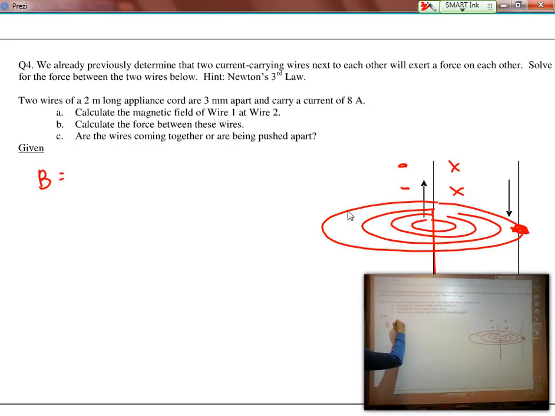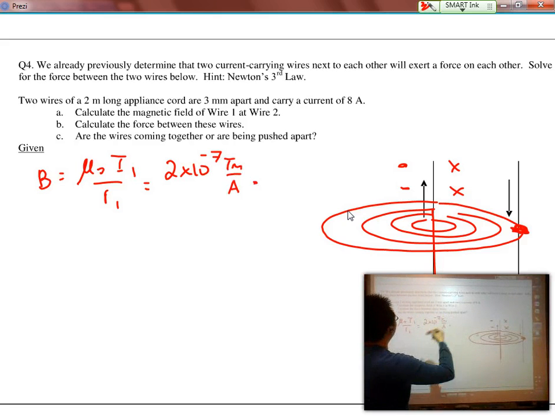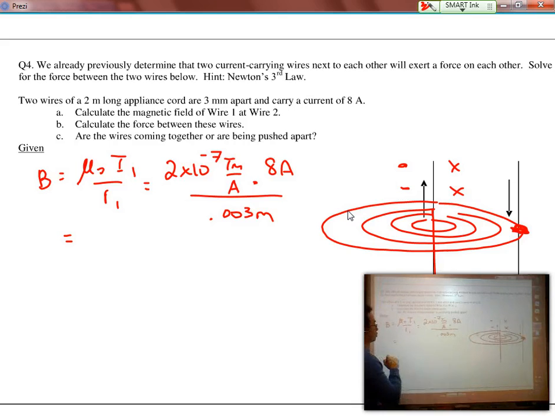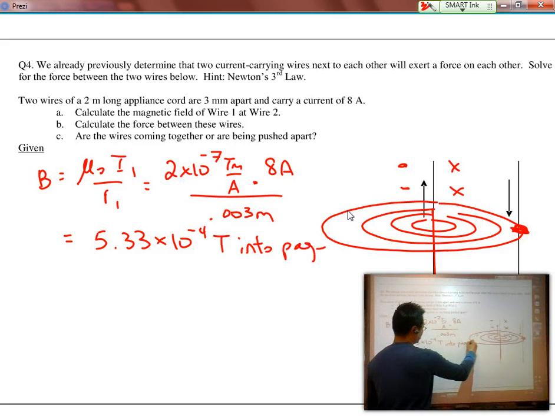So B is equal to mu naught I1 over R1. So 2 times 10 to the negative 7 Tesla meters per amp times 8 amps over 0.003 meters, which equals 5.33 times 10 to the negative 4 Teslas into the page.